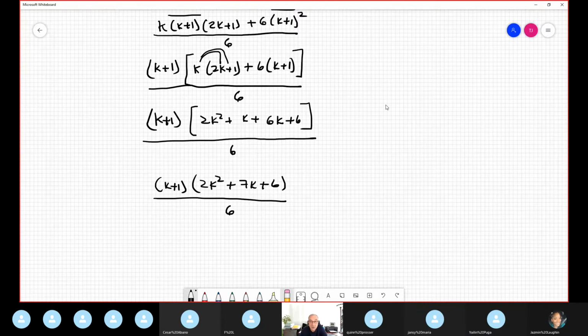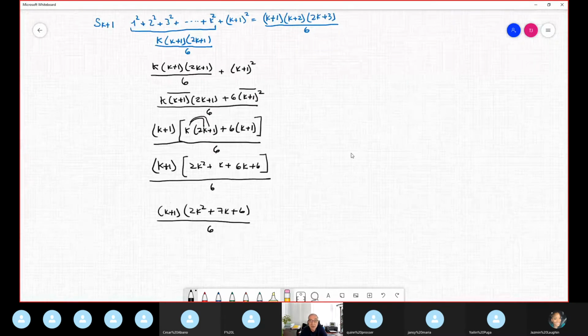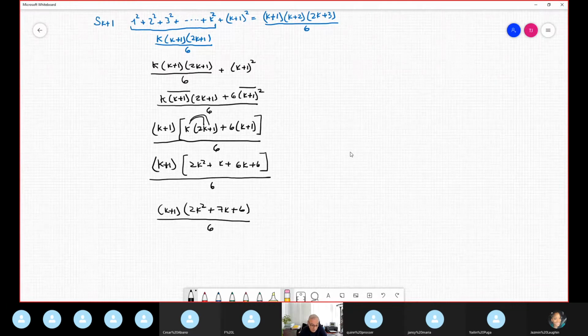Okay, let's go now to the other side. On the other side, I copy here, and I manipulate this in order to look similar or equal to this. So I propose, for example, k plus 1, because I can see something similar.